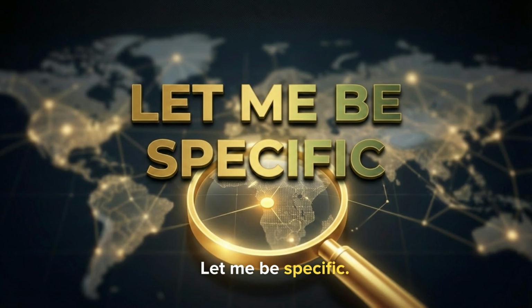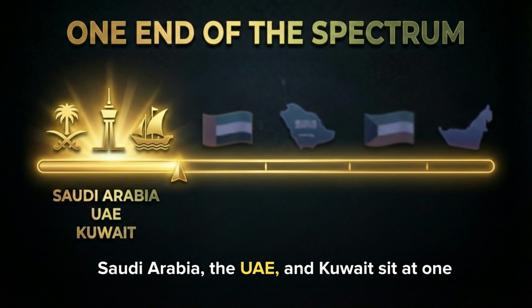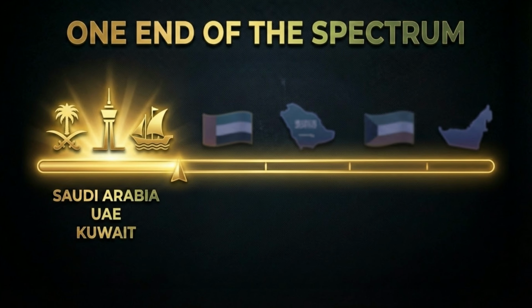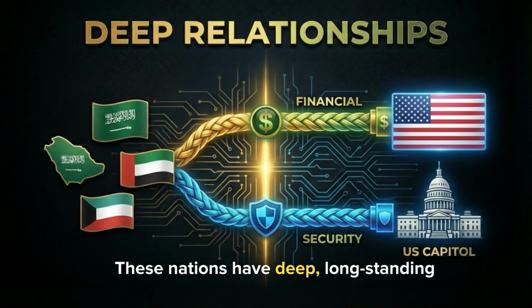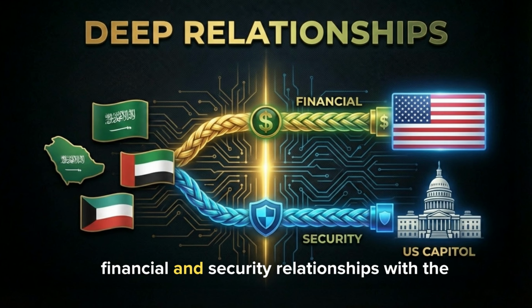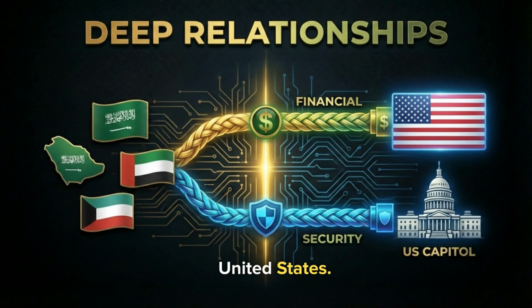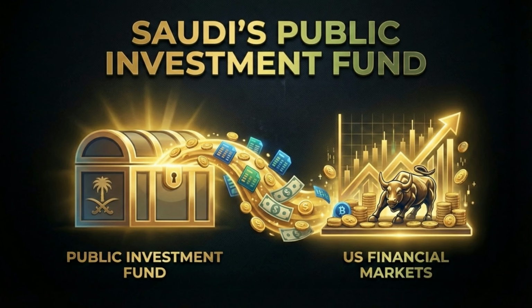Let me be specific. Saudi Arabia, the UAE, and Kuwait sit at one end of the spectrum within OPEC. These nations have deep, long-standing financial and security relationships with the United States. Saudi Arabia's sovereign wealth fund, the Public Investment Fund, holds substantial assets in U.S. financial markets.